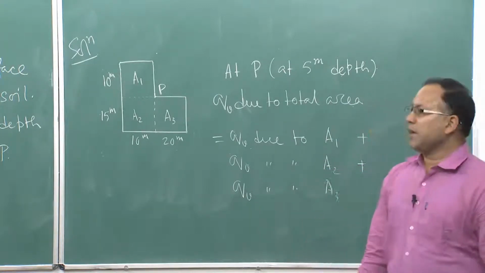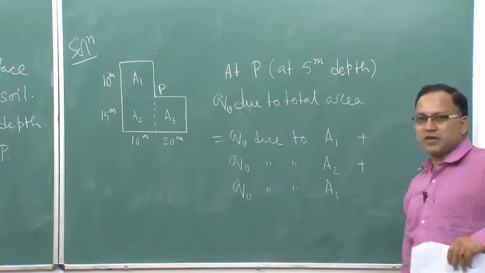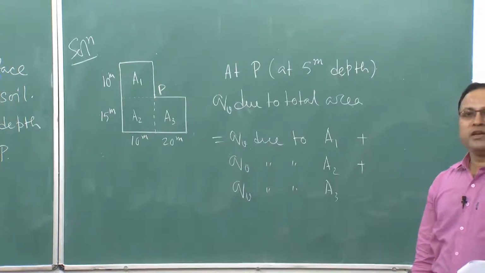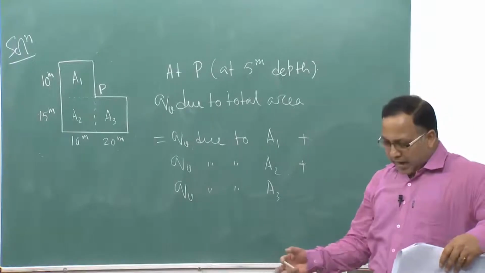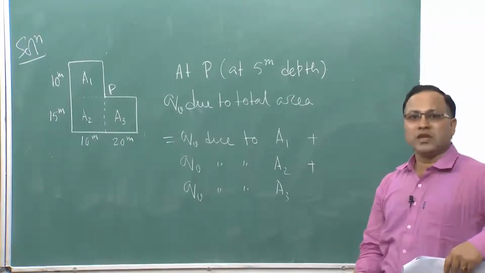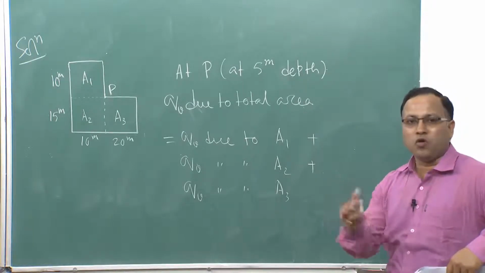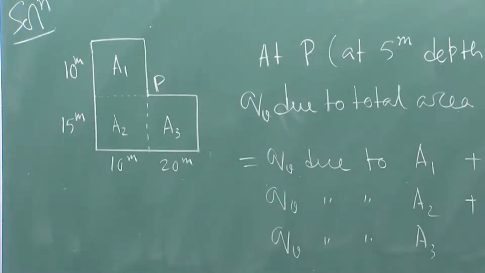So, now if we find the vertical stress at point P due to area A1, due to area A2 and due to area A3, then if we add them together we will get the total stress, that is the vertical stress QV for the whole loaded area. Okay? So, that is the idea.